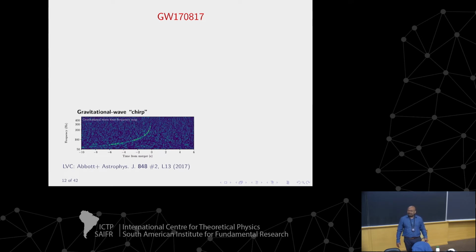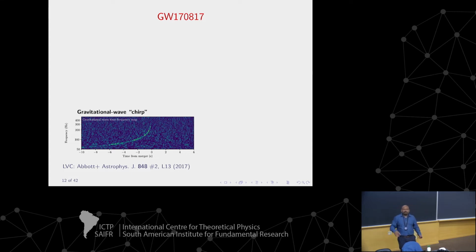And here we see the gravitational wave chirp from the binary neutron star merger. It's a much longer signal. It goes on for about a minute or longer, already telling us that it's potentially a binary neutron star. But because it's not just gravity, because there's also matter colliding, one can expect other kinds of radiation, for example, electromagnetic radiation, or even neutrinos following the merger.